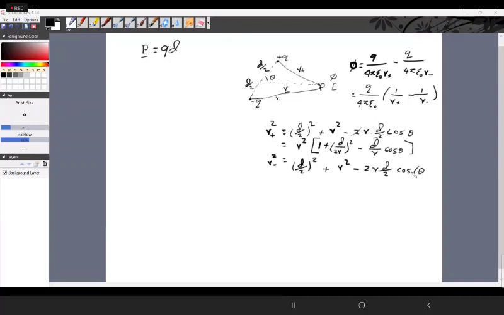Here we need to define the cos theta. That angle should be opposite to the face we consider, so it should be this angle. We know that a straight line has theta and this angle, so this angle will be equal to pi minus theta.